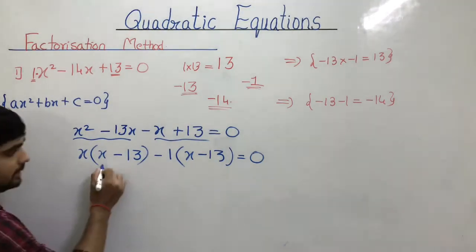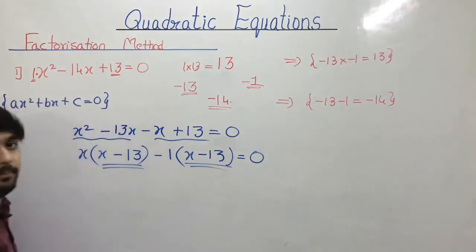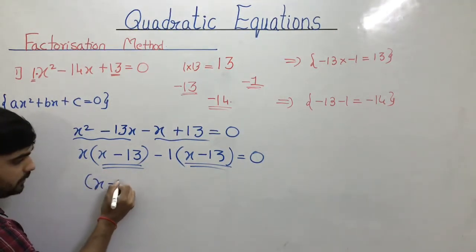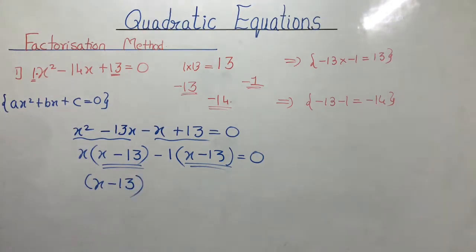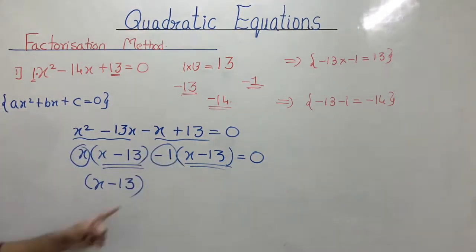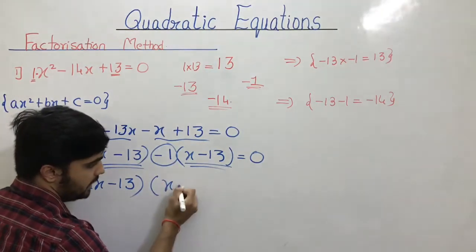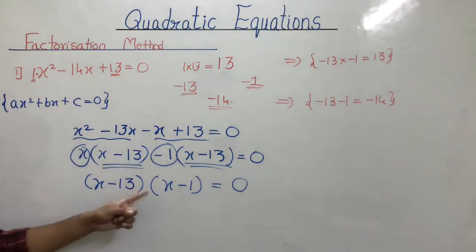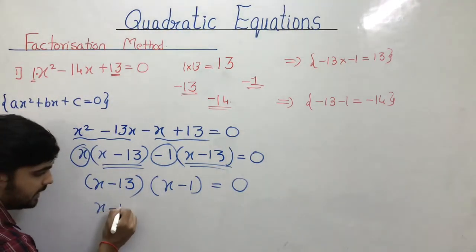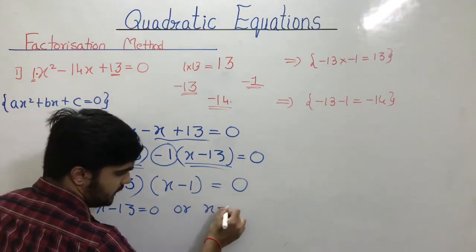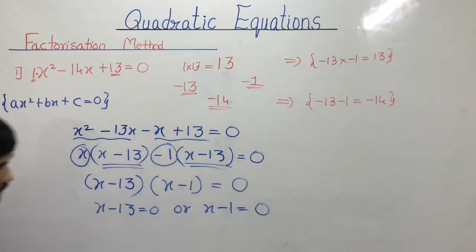Now we want this and this to be the same, so we can take x minus 13 common from both. If we take x minus 13 common, what is left is this x and this minus 1. So in the second bracket you will get x minus 1, which is equal to 0. From this we can say that x minus 13 is equal to 0 or x minus 1 is equal to 0.